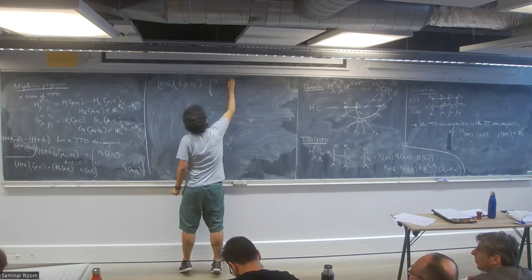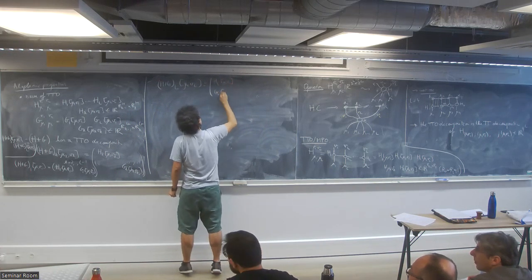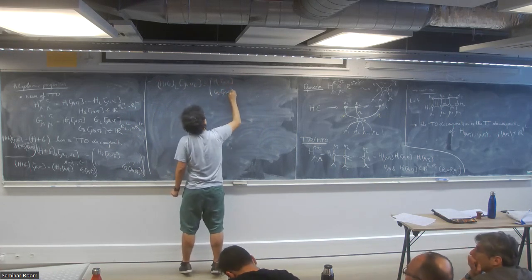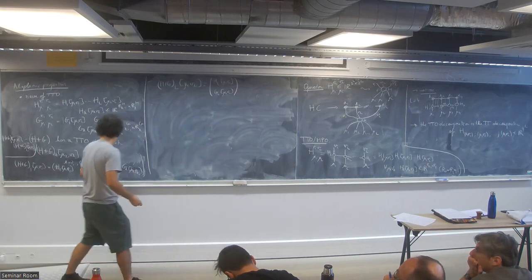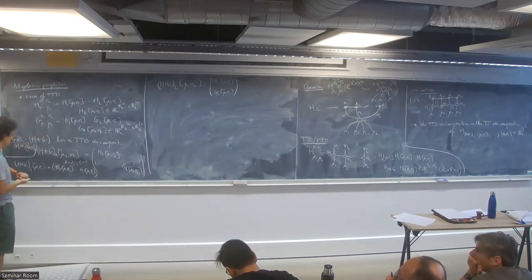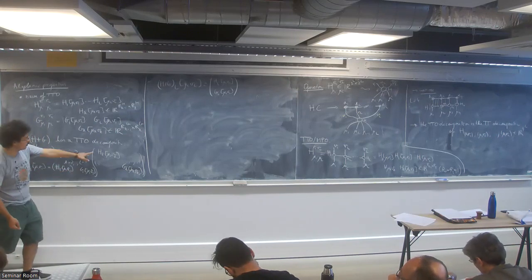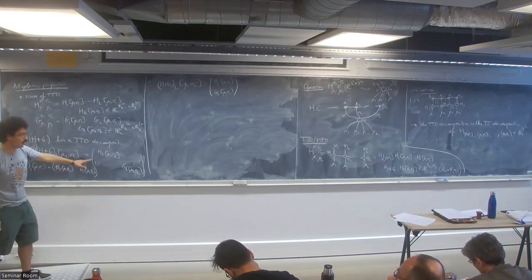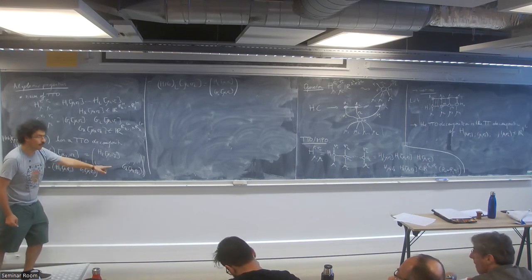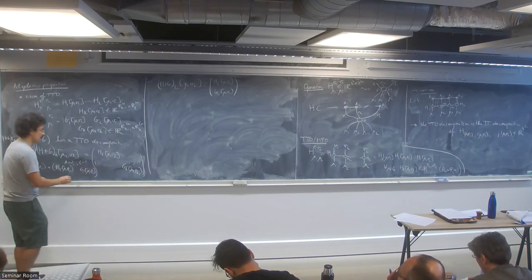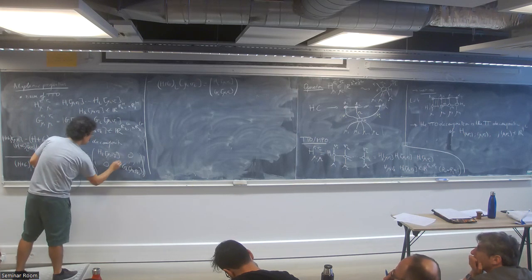And since you write it in a block diagonal form, you see that all the H's will just hit the next H, and the same goes for the G's. And here I just have zeros.